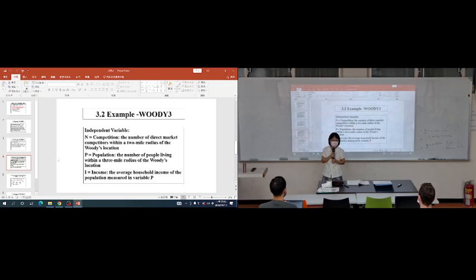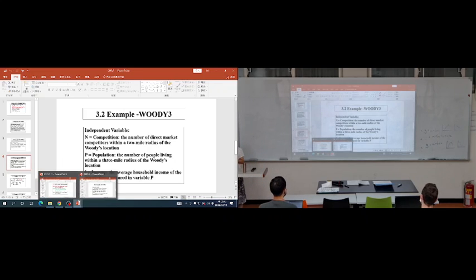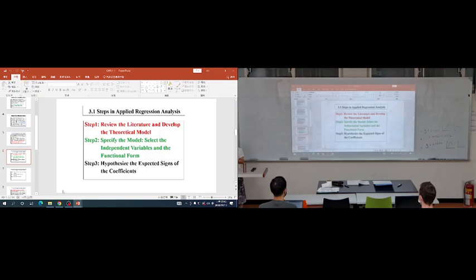Just show the relationship only. Therefore, when we go to step 3, we need to hypothesize the expected signs of the coefficients.